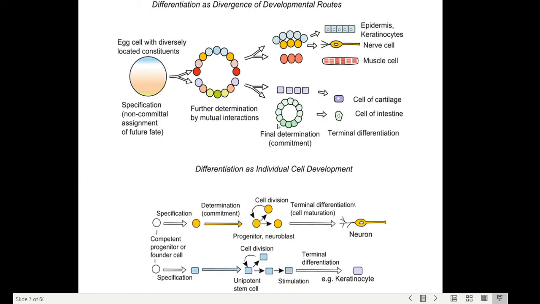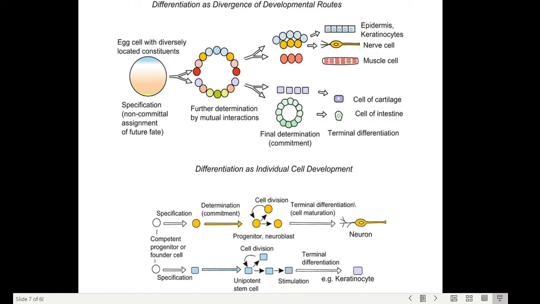Okay. Next, the first step I told you, right? Differentiation happens in two ways. One way is the divergent developmental route. Another way is the individual developmental route.